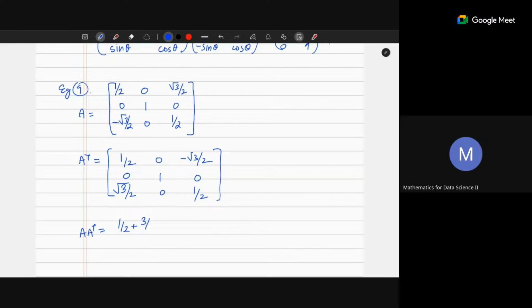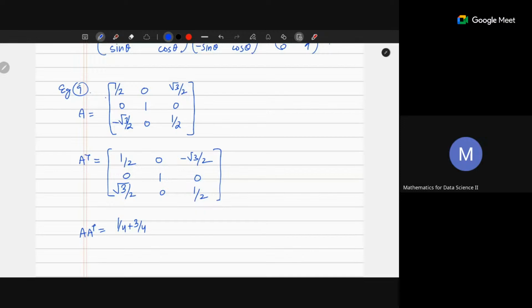Is this an orthogonal matrix? If I multiply this, half, 0, root 3 by 2, so it is half times half, it is 1 by 4 plus 3 by 4, right?